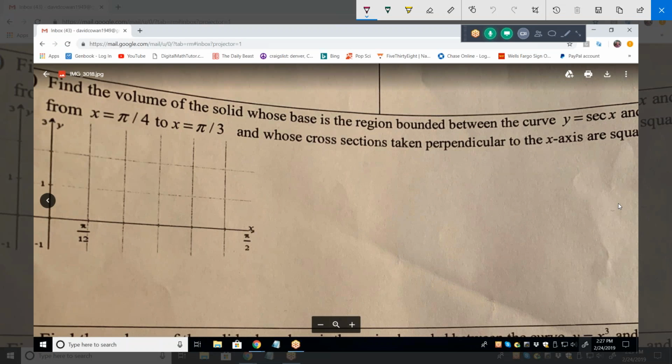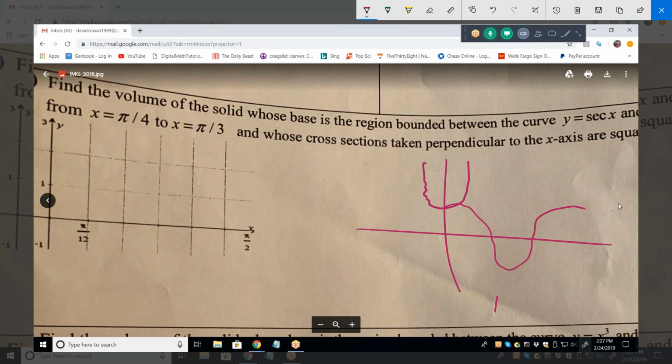Oh my goodness, pi over 2 is way over here. Let me just refresh my trig. There's the cosine curve, so the secant curve sits there, and there, and there. And this is pi.